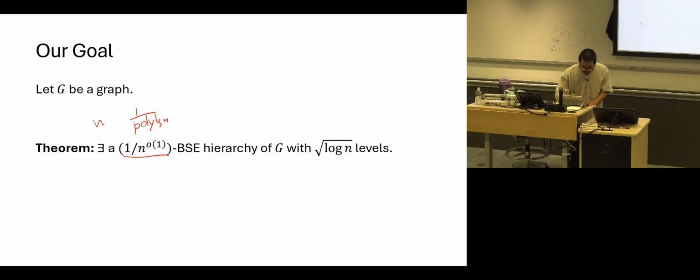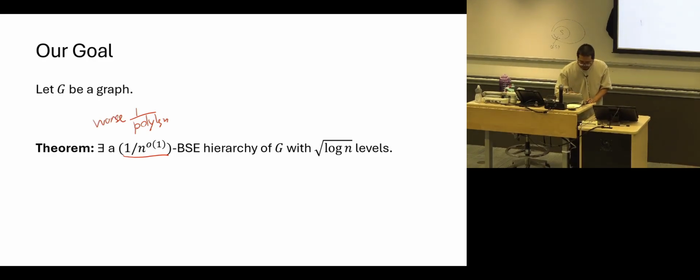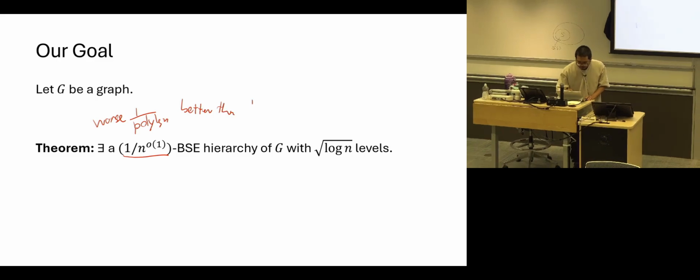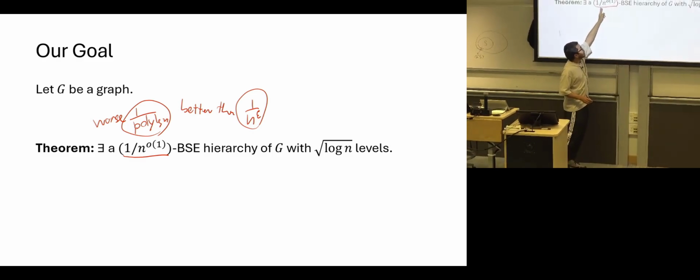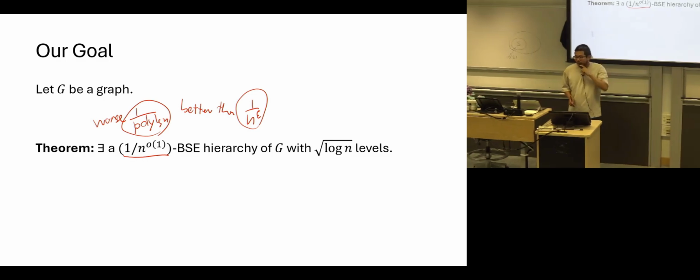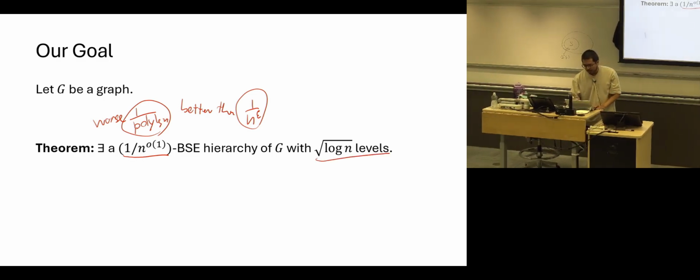This is worse than that, but still better than 1 over n to the epsilon. It's better than any polynomial, but worse than polylog. So we're going to build this with this expansion, okay? And there will be just square root log n levels.